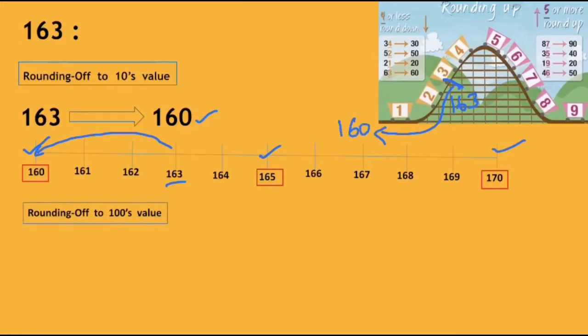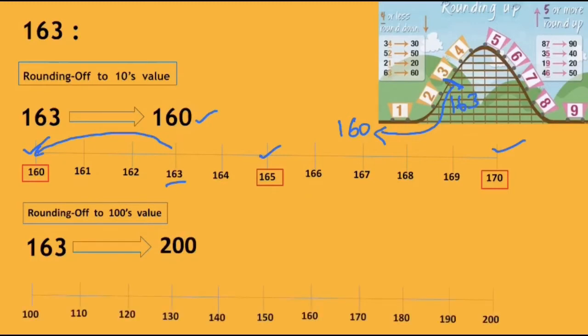To 160. Now we are rounding off to the hundreds value, 163 to the nearest hundreds value. Write 163 on the number line. Here we have to take the 100 range, that means 100 and 200.